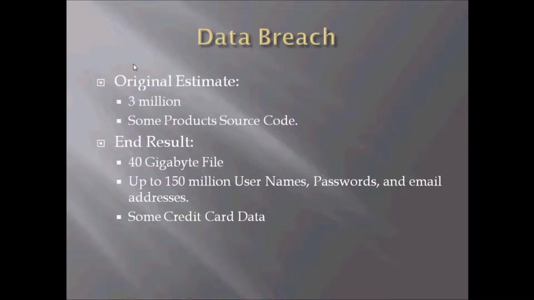This, however, was wrong, as a 40 gigabyte file was found online that had up to 150 million usernames, passwords, and email addresses, and for some users, their credit card information. It was determined the hackers were able to decipher the encrypted text and break the hashing algorithm.